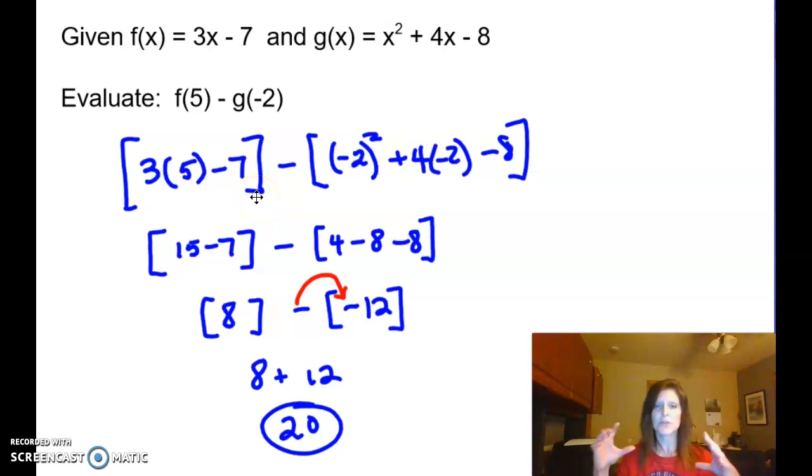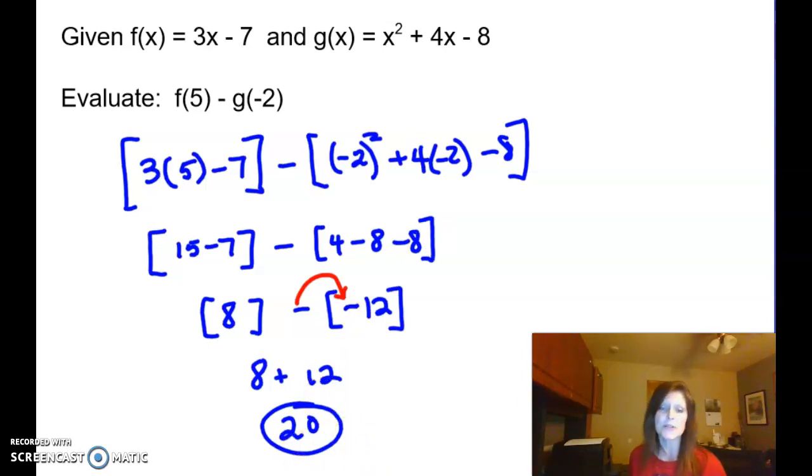First of all, that helps me visually separate the two, but it also helps me avoid sign errors in my problems. So the f of 5 goes in this first bracket. That means I'm going to put the 5 into the f formula. Then I have minus and whatever g of -2 is, so we take the -2 and put it in the second formula. We very carefully do our order of operations here and then combine our terms and get 20.